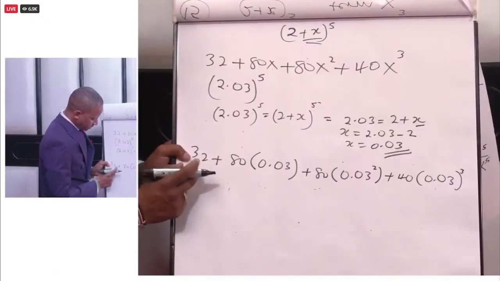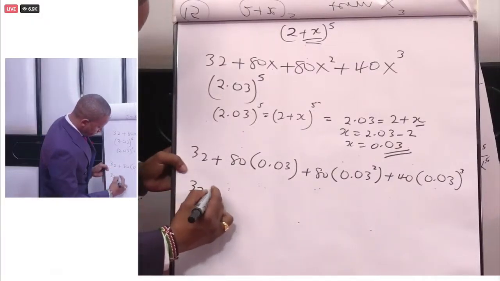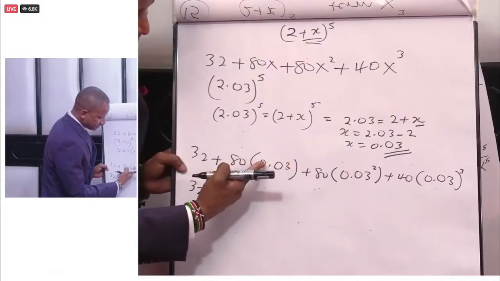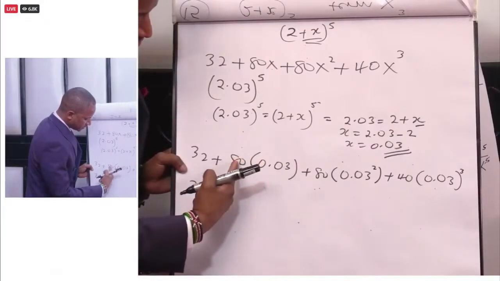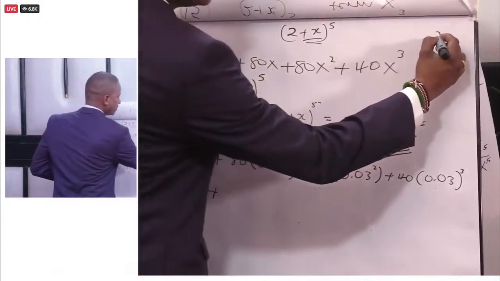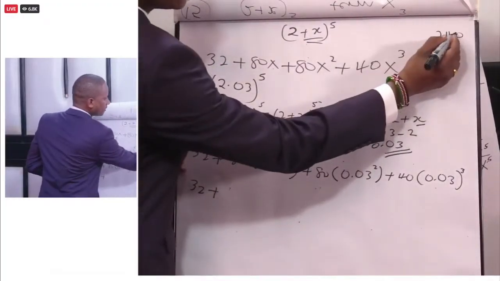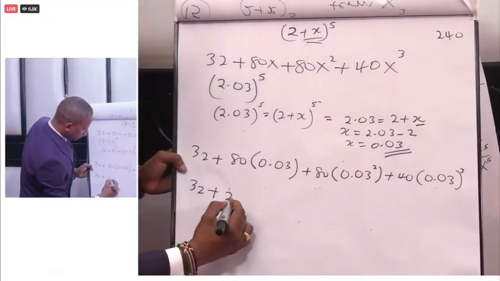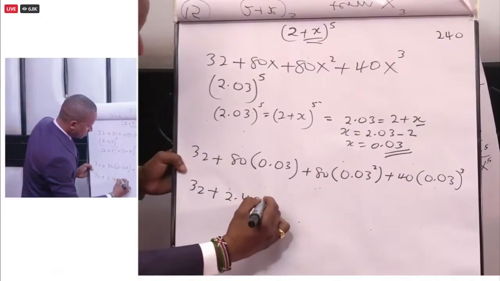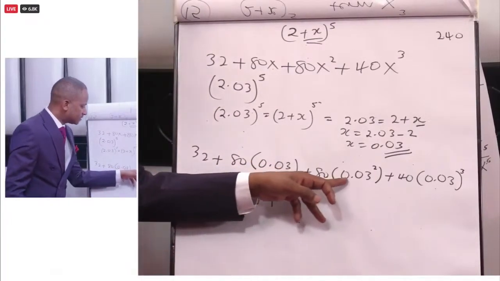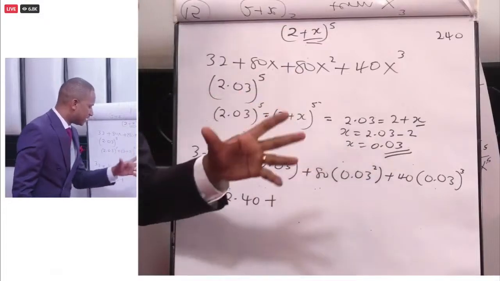32. This is still 32. Plus 80 times 0.03, which is 80 times 3 is 240. Then how many decimal places? 1, 2. So it is 2.40. Plus 80 times 0.03 squared.